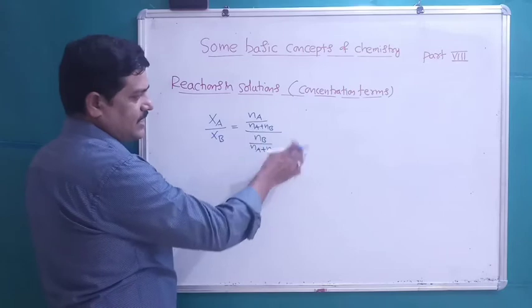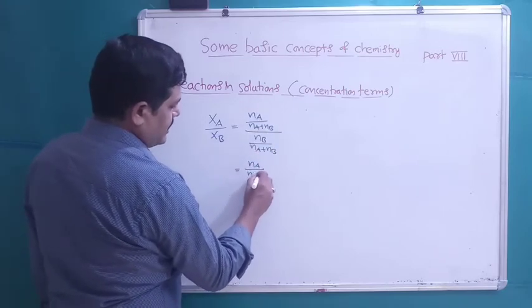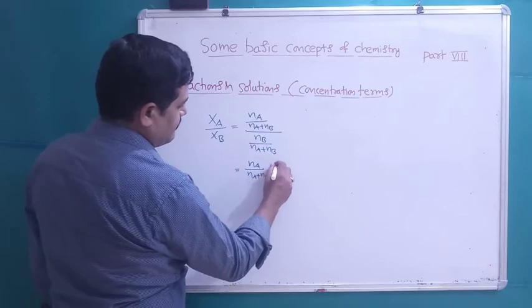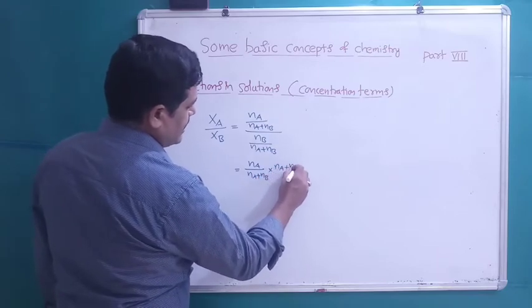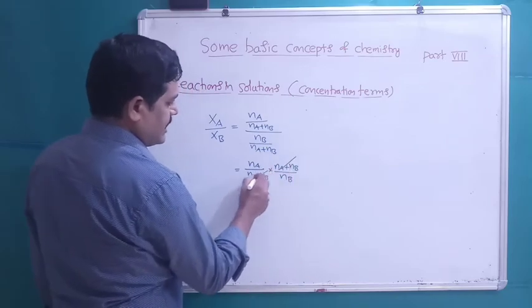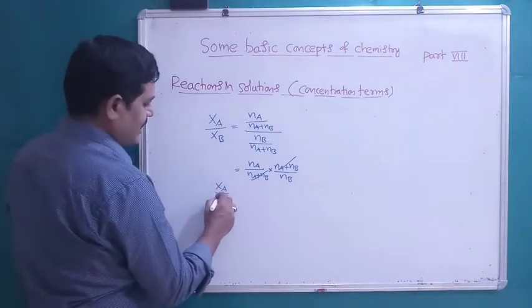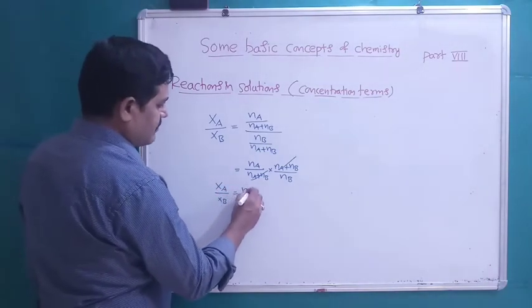So the bottom fraction will be reversed, then we will get Na by Na plus Nb multiplied by Na plus Nb by Nb. Na plus Nb will get cancelled. So XA by XB is equal to Na by Nb.